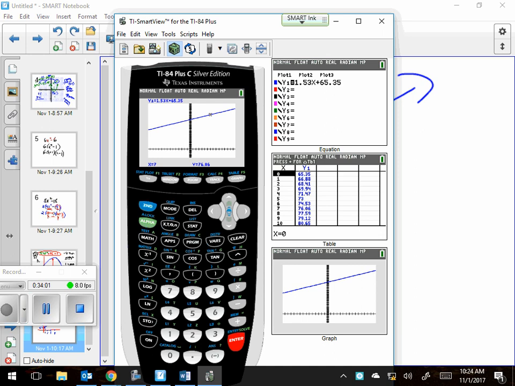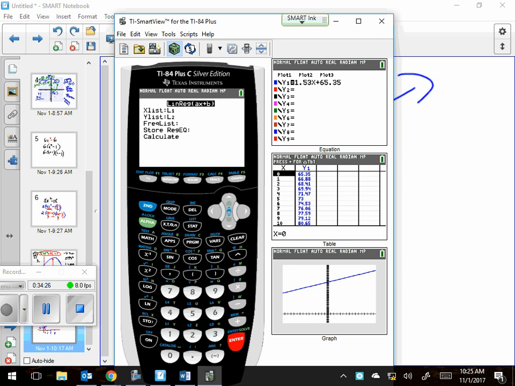Now I know some of you got lost along the way there, and some of that is because your operating system was different. For those that have the different operating system, when we went to stat, calculate, and we said linear regression right here, you have to type in L1, comma, L2, comma, Y1.